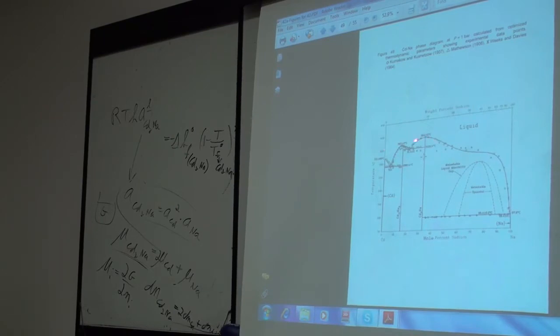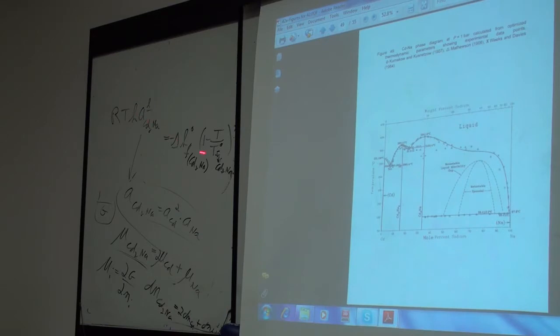If I knew the heat of fusion of cadmium, and I might know that, then I could use this equation, or the computer could use this equation, or FactSage would essentially be using that equation to get me the activity of Cd2Na, which is a product. It would be giving me information about the liquid phase. But since I do not know the heat of fusion of cadmium, then this liquidus is not giving me any information about the liquid phase properties.